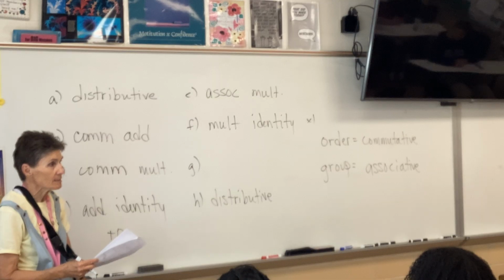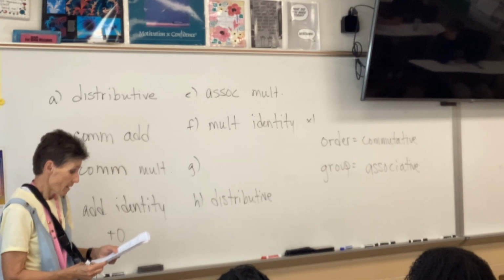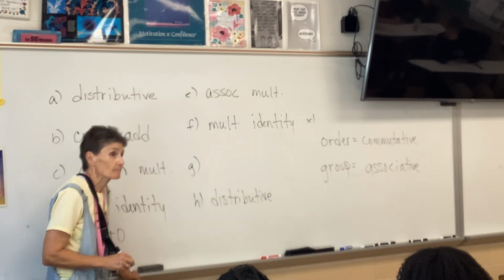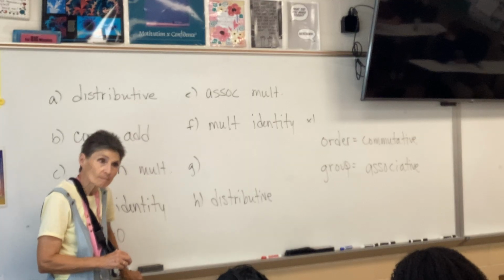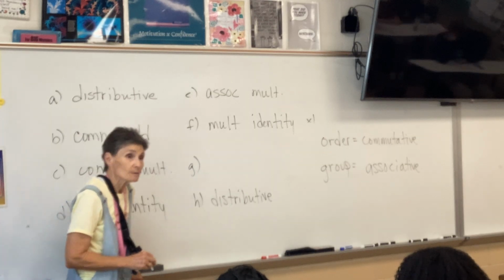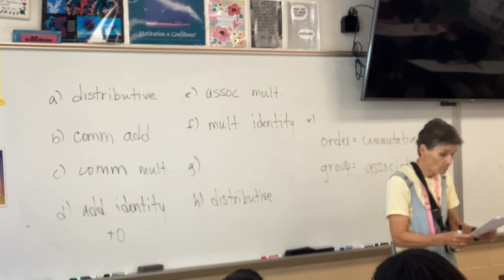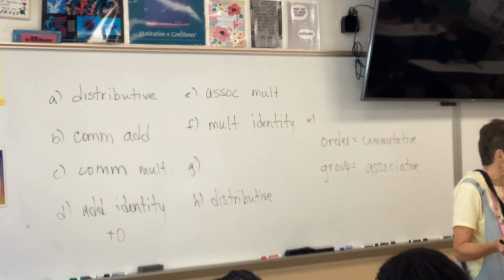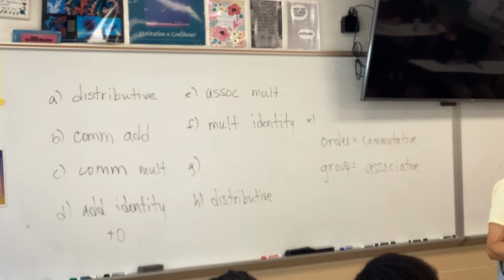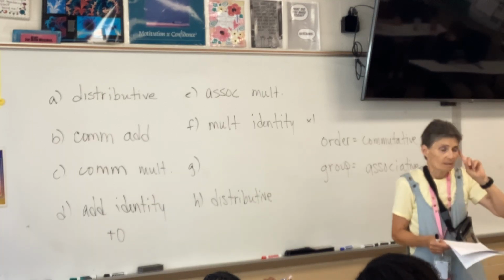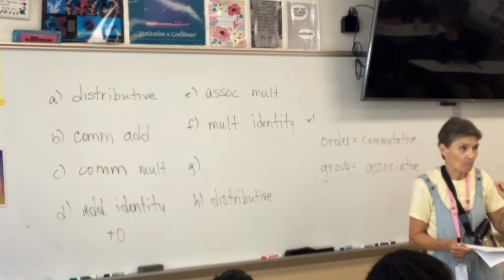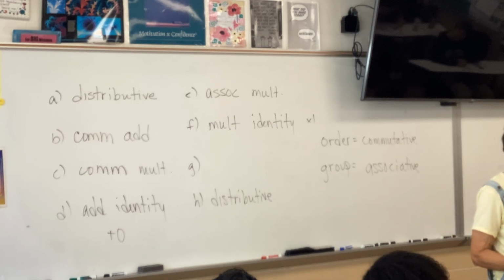All right, last one is G. What's happening there? Well, they're canceling each other out, right? If you multiply 3 times a third, don't they cancel? It's called an inverse property. For addition, it's the opposite.